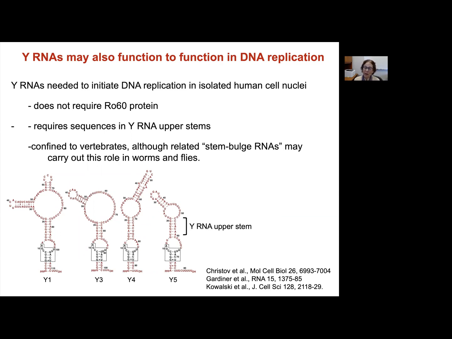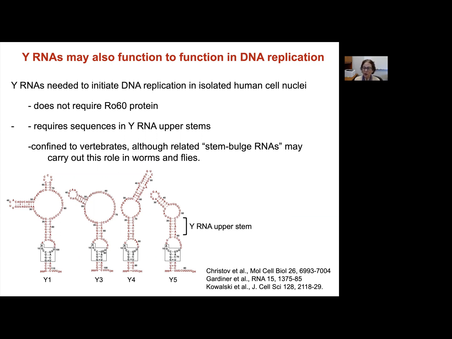There are also reports that Y-RNAs are required for DNA replication in mammalian cells. This role is independent of Rho60 and involves sequences in the upper part of the Y-RNA stem. However, the fact that our mouse embryonic stem cells lacking Y-RNAs divided normally is inconsistent with the idea that these RNAs are essential for DNA replication.